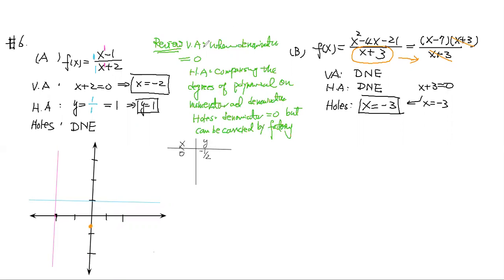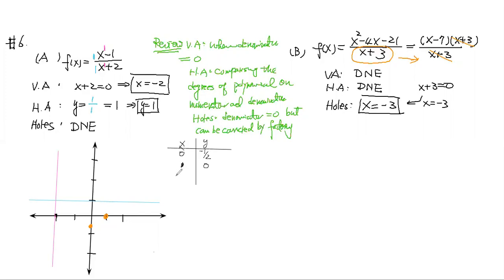Then choose another point. Let's say x equal to 1, then y equal to 0, so that's another point, (1, 0). Now let's choose another one so you can see the pattern.